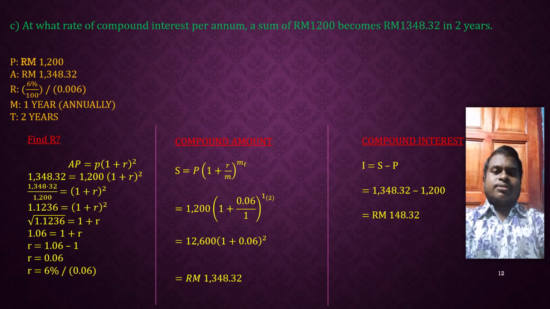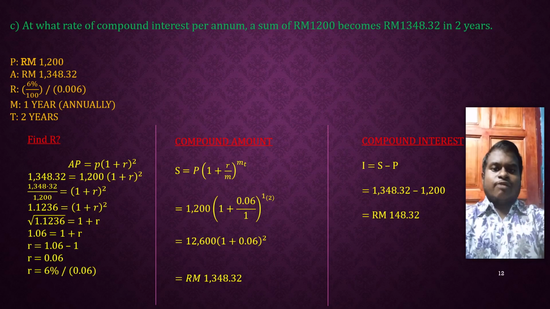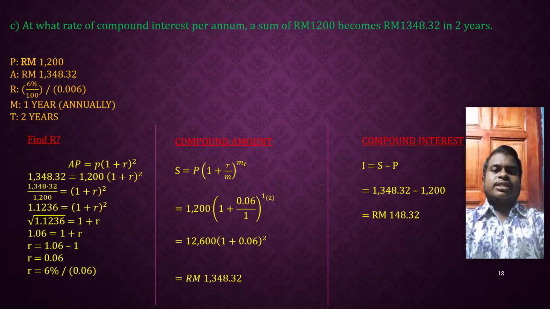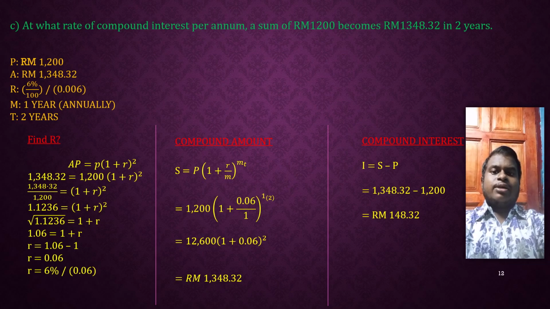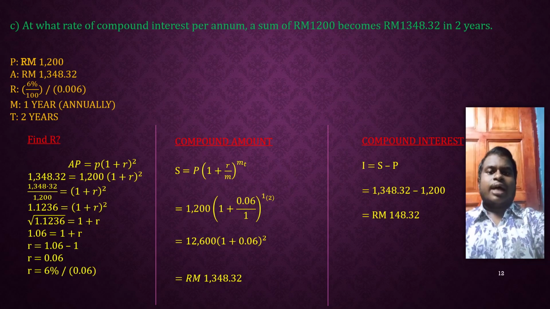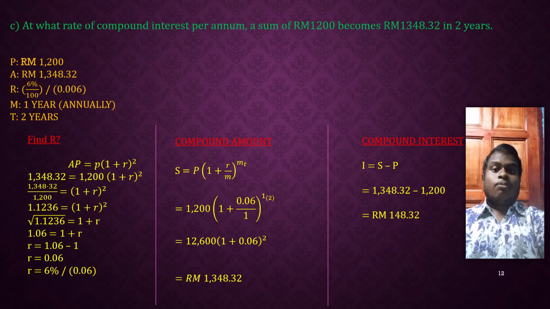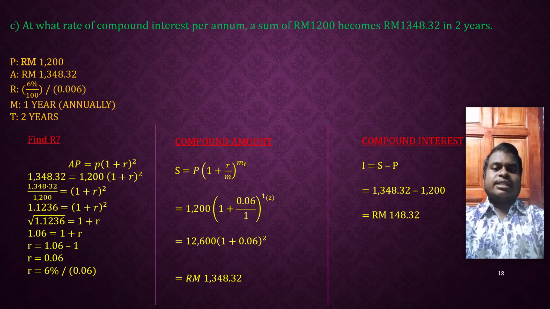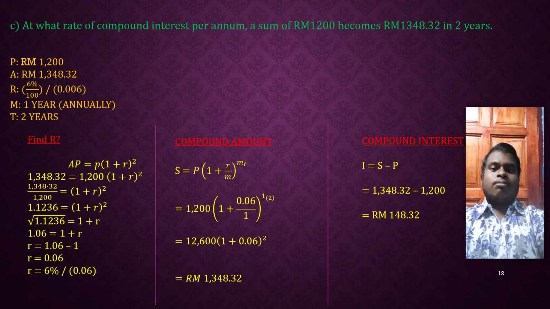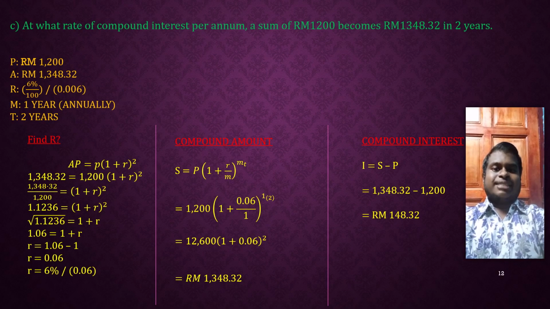Compound interest. The formula for compound interest is I equals S minus P. Here I represents the compound interest, S is the compound amount or maturity value, and P is the principal.